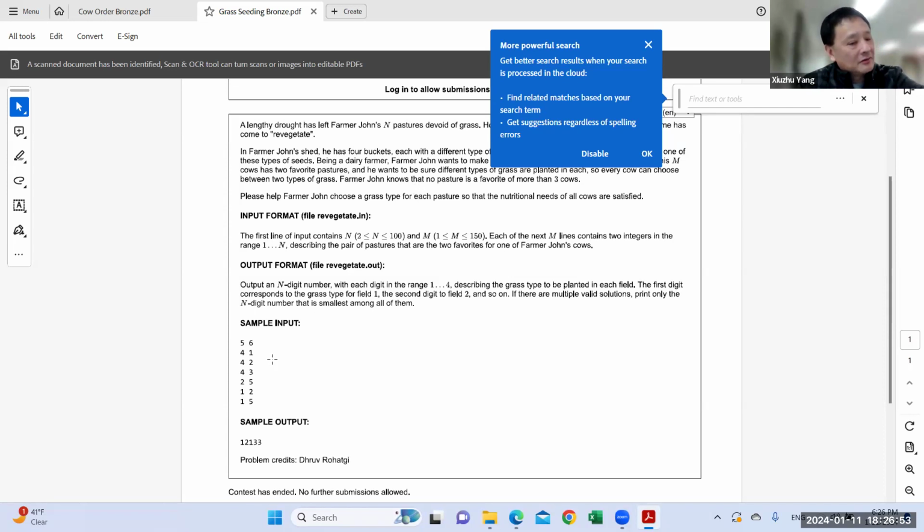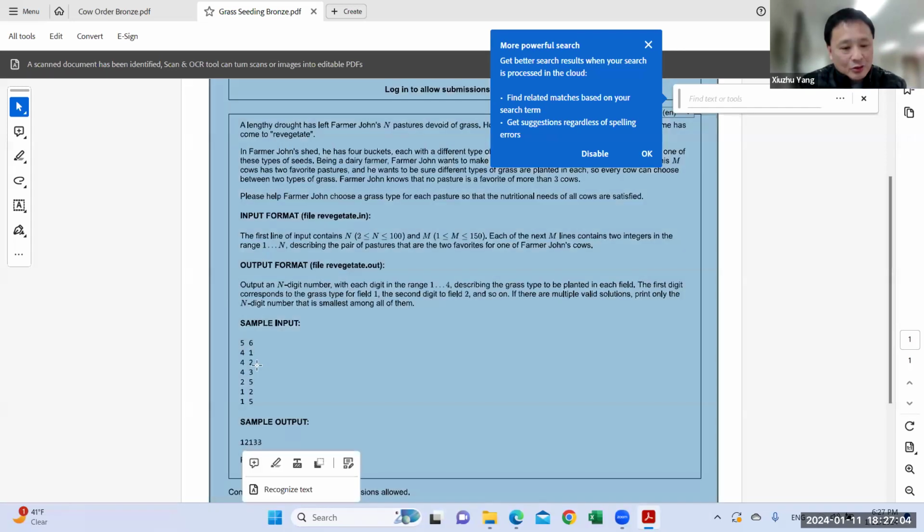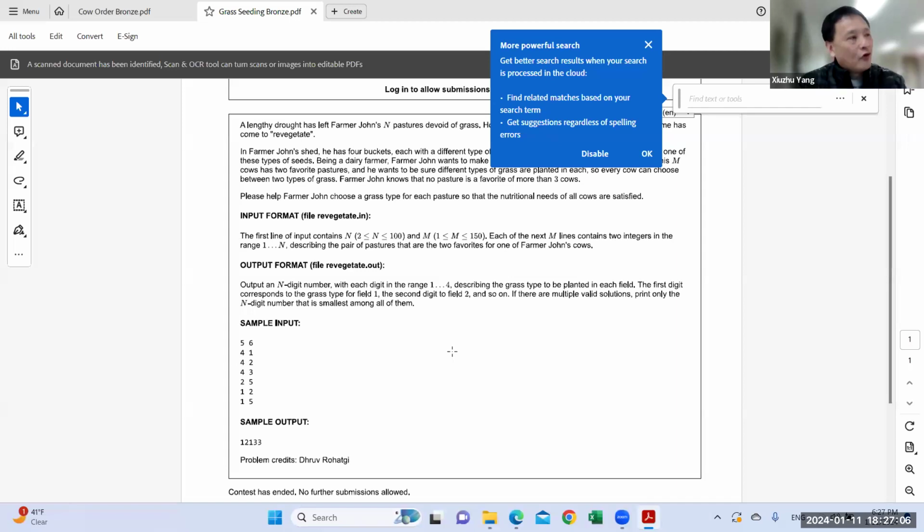And how about this one? If you look at this, is this also like a chain? Four can chain to one, four can chain to two, four can chain to three, right? So it's like a graph.